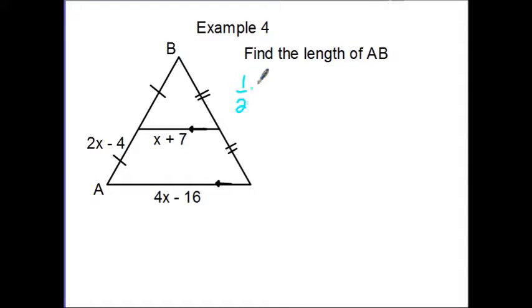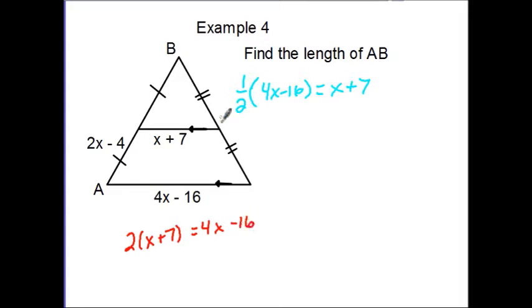Half of that third side is going to equal your midline, which is exactly what the theorem says. Our other option, which is the exact same thing, instead of taking half, we can do the opposite to both sides, multiplying both sides by 2 over 1. If you double that midline, it's going to equal the third side.